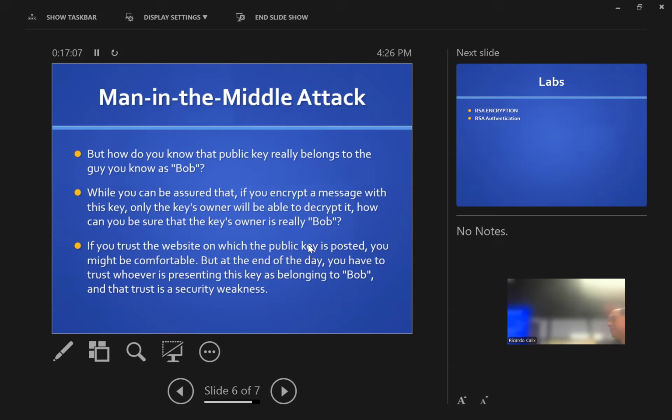So for instance, let's say that you're Amazon, right? And you want to do e-commerce. So what do you do? You send your executive to the office of VeriSign and you show up with legal documents to prove that you are in fact Amazon, and then they'll do the whole process. Do you see that?